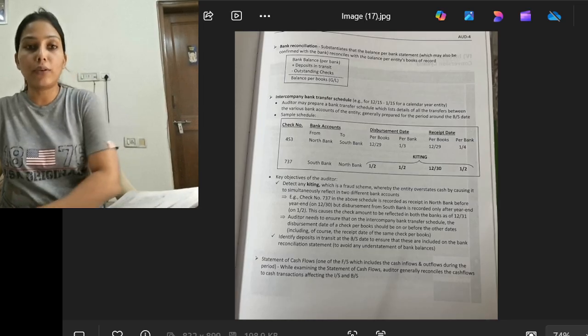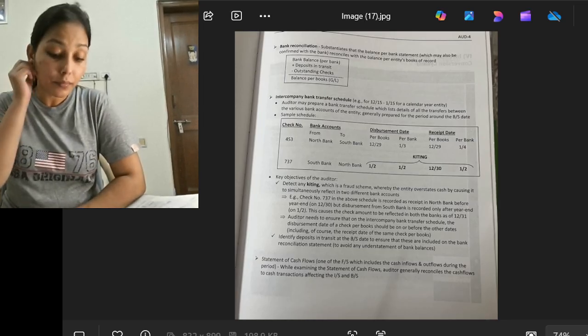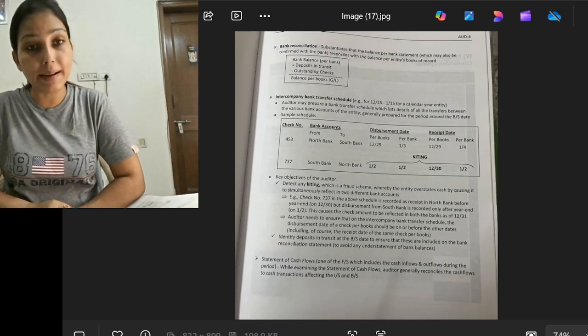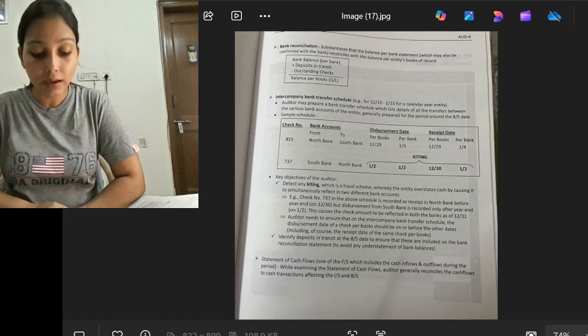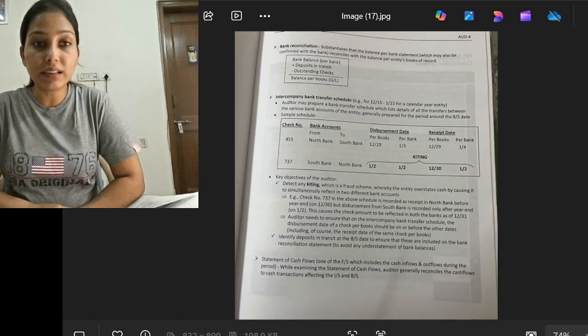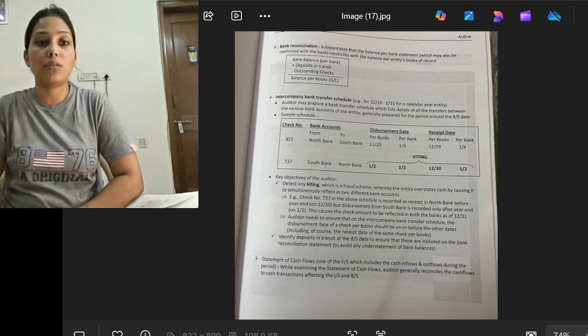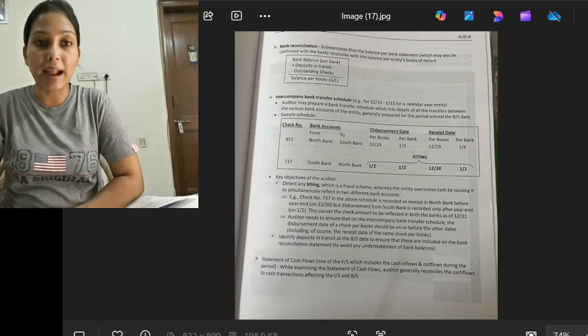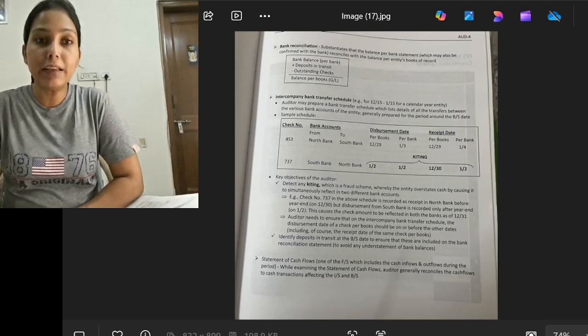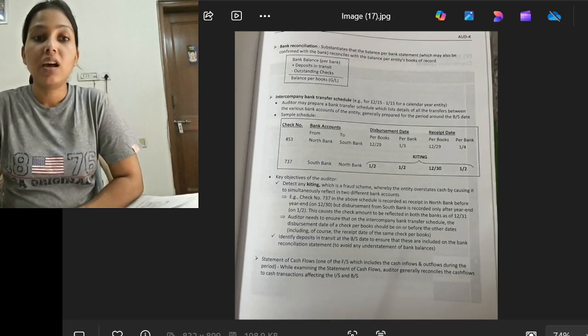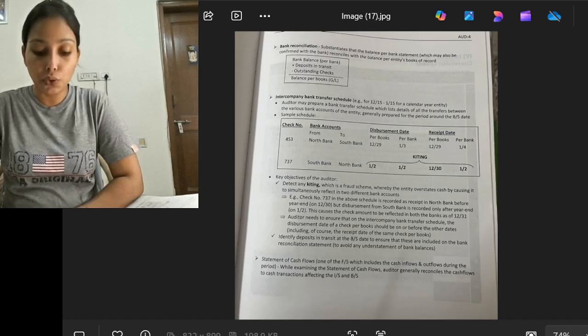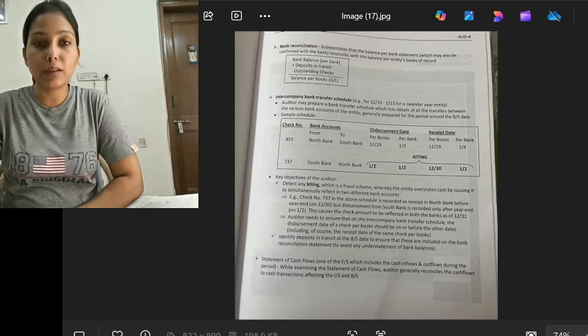So if we talk now about bank reconciliation, it starts with the bank balance and reconciles to the balance as per the books at the year end date. If there are any deposits in transit that were not recorded by the bank because of cut-off procedure, then those will be added back, and if there are any outstanding checks, then those should be subtracted to reach the balance as per the books.